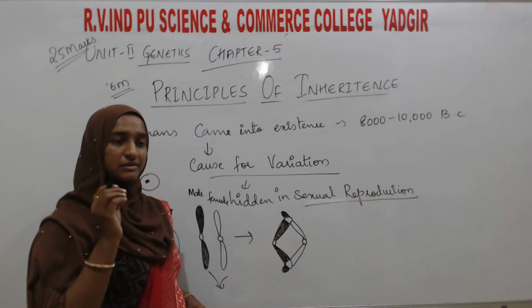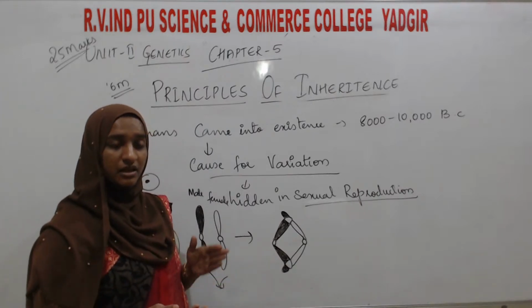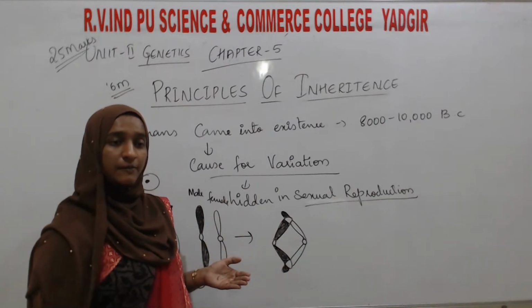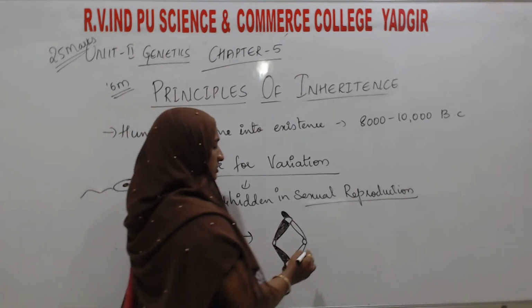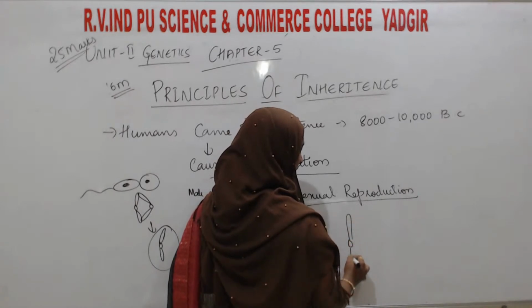Some parts or some genes are going to be exchanged with the female and some genes are going to be exchanged with the male. In the next generation, how will the chromosome be? Like this, with the exchanged part.